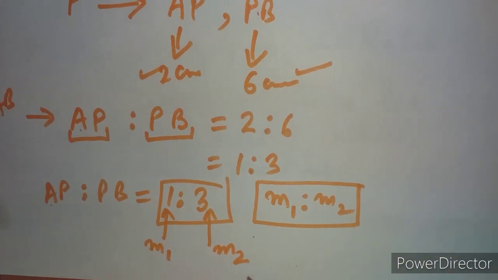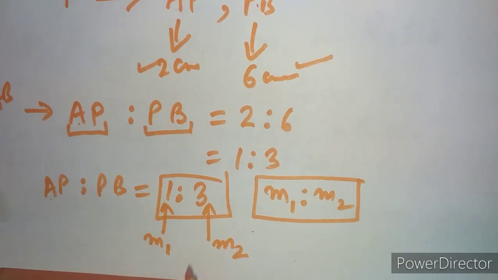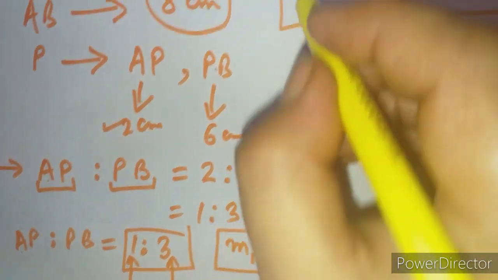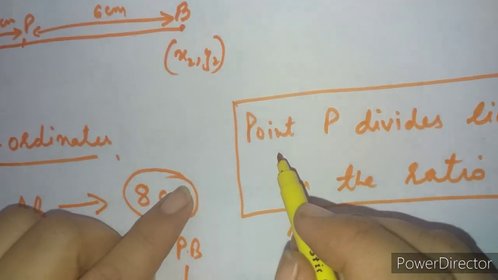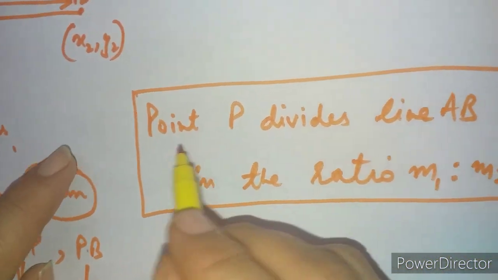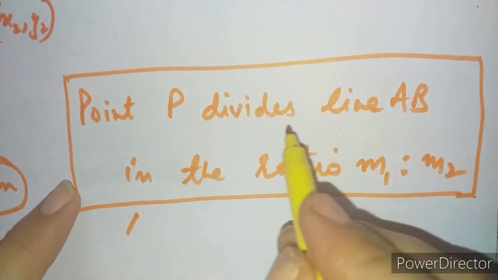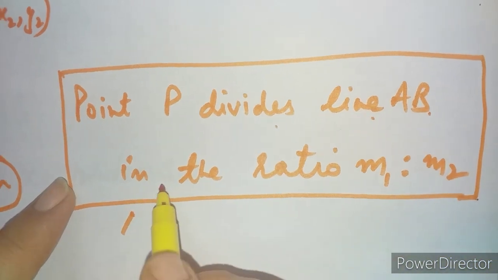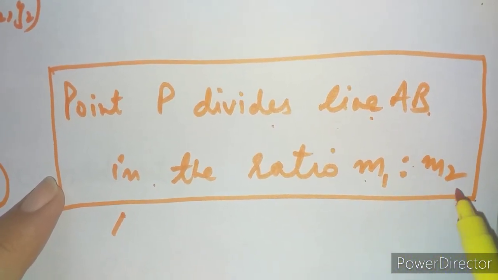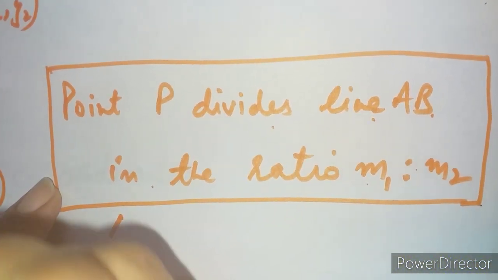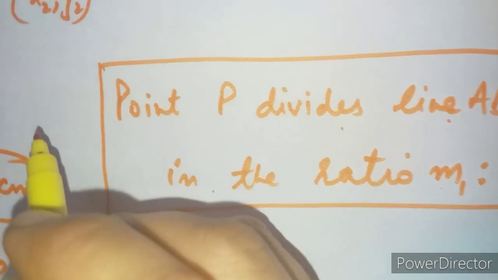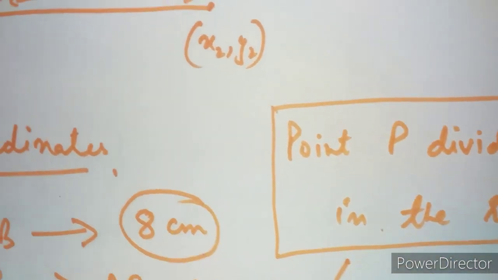So now, summarizing all this, we can write that point P, there was a point inside the line AB. Point P divides line AB in the ratio M1 ratio M2. Again check the figure with which we started.